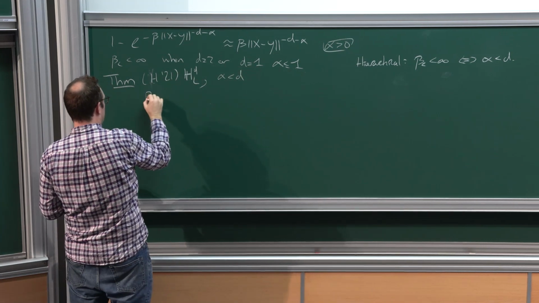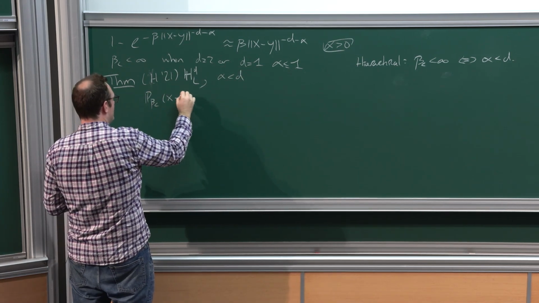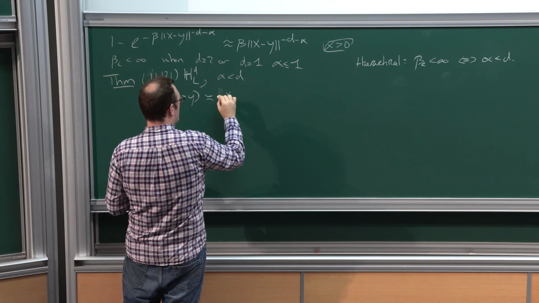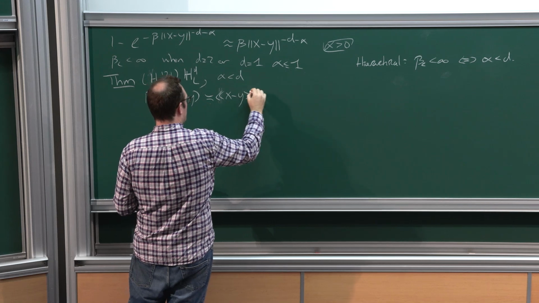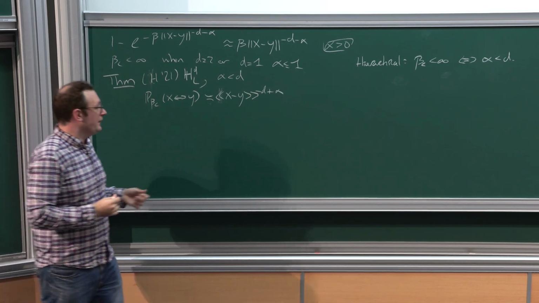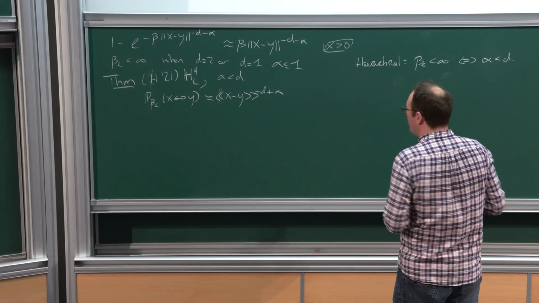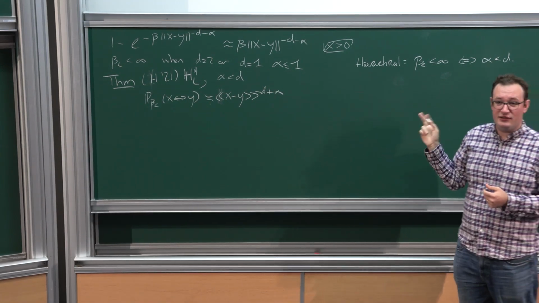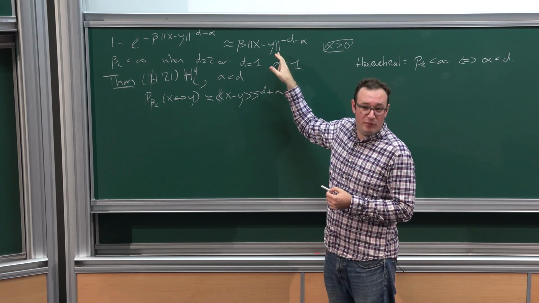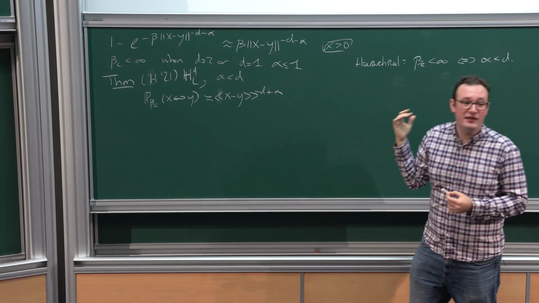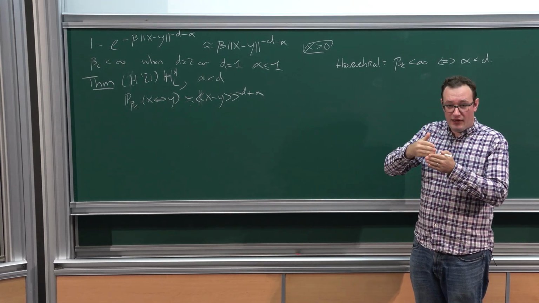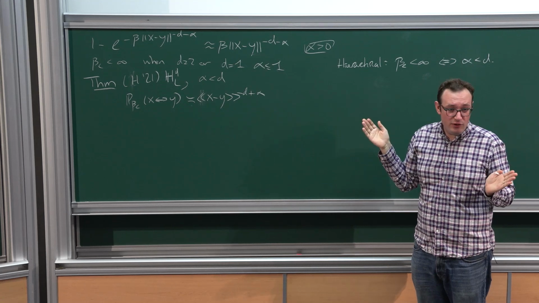We have the critical two-point function is given up to constants by this, minus d plus alpha, which you should think of as being the same scaling as the Green's function for the random walk on the hierarchical lattice with jump kernel proportional to this. So in particular, in the hierarchical lattice, you do not have this transition between long-range and short-range behavior, even for the random walk.